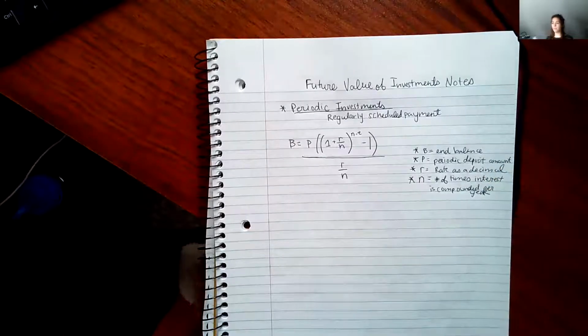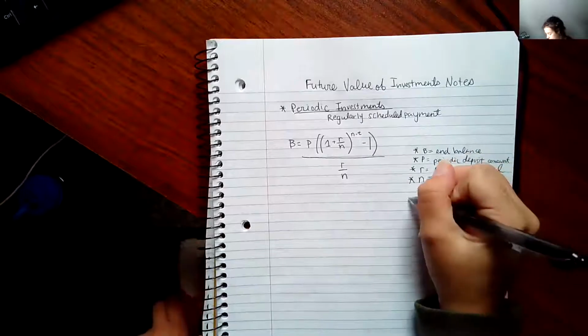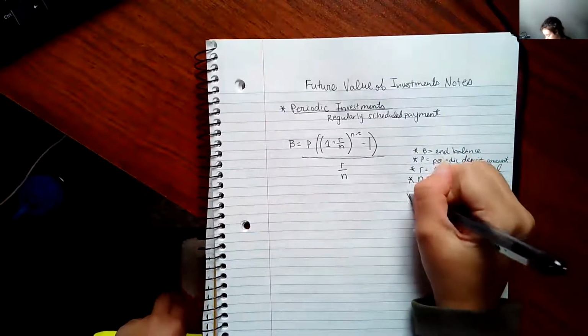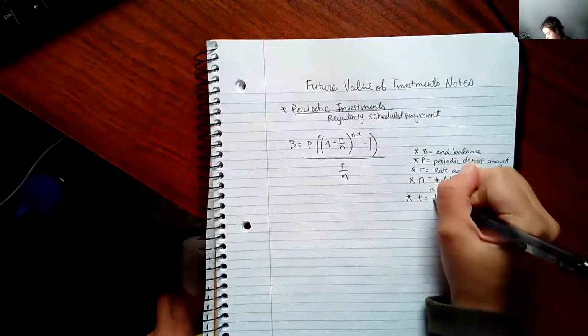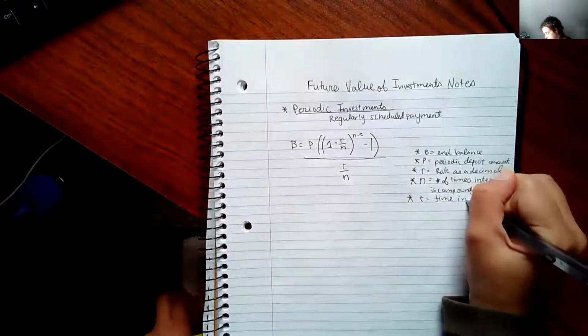So remember, if it's daily, N will equal 365. Monthly, N will equal 12. Quarterly, N will equal 4. Semi-annually, 2. Annually, 1. And last but not least, T is going to be your time in years.